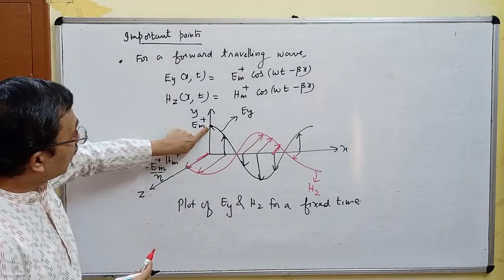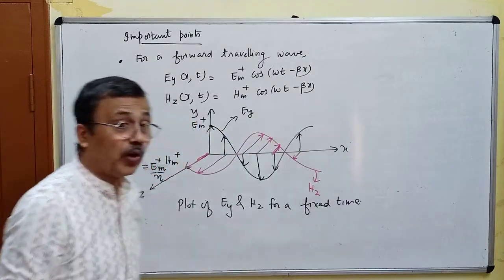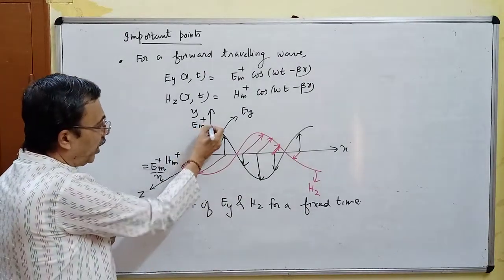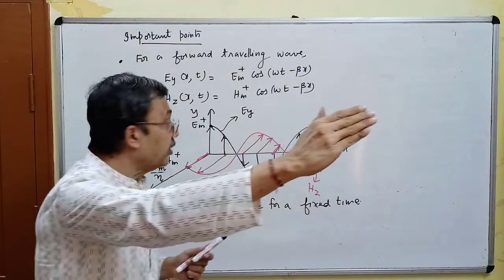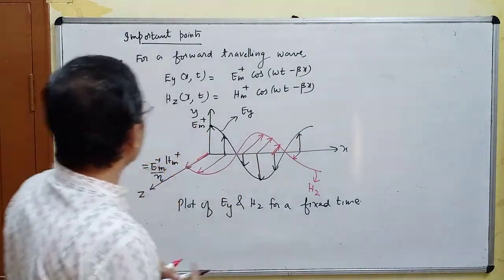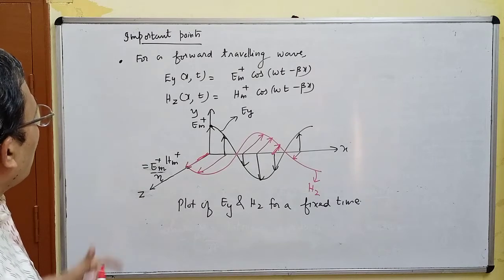At t equal to 1 second, this point will move to the right. At t equal to 2, this point will further move to the right. Therefore, this is a traveling wave. That means a point on the wave travels in the direction of propagation as t increases. So this is how Ey and Hz are plotted.